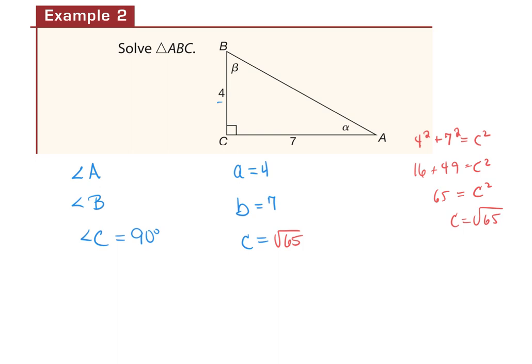So now I want to find my other 2 angles. All right? Angle A. I can use sine for all of these, right? To find angle A, I would put into my calculator the inverse sine of what?